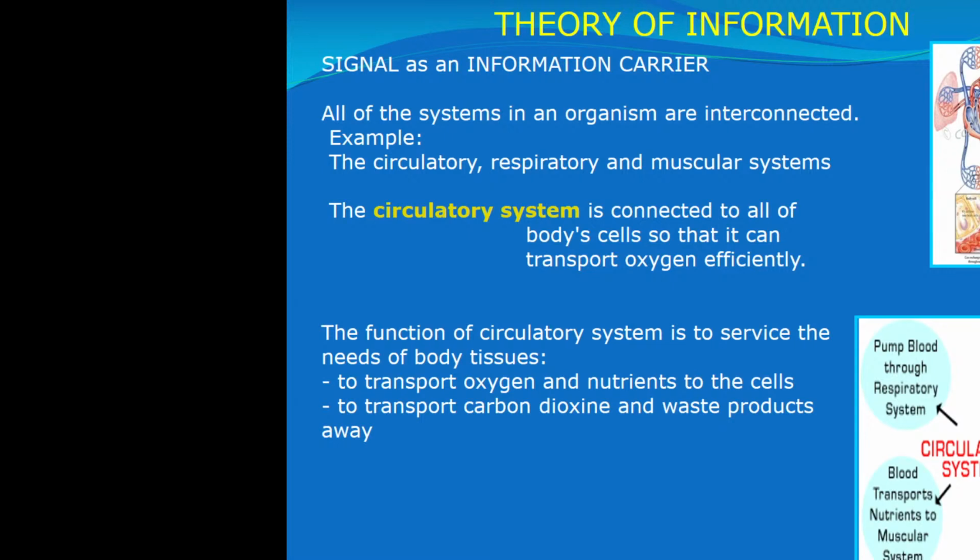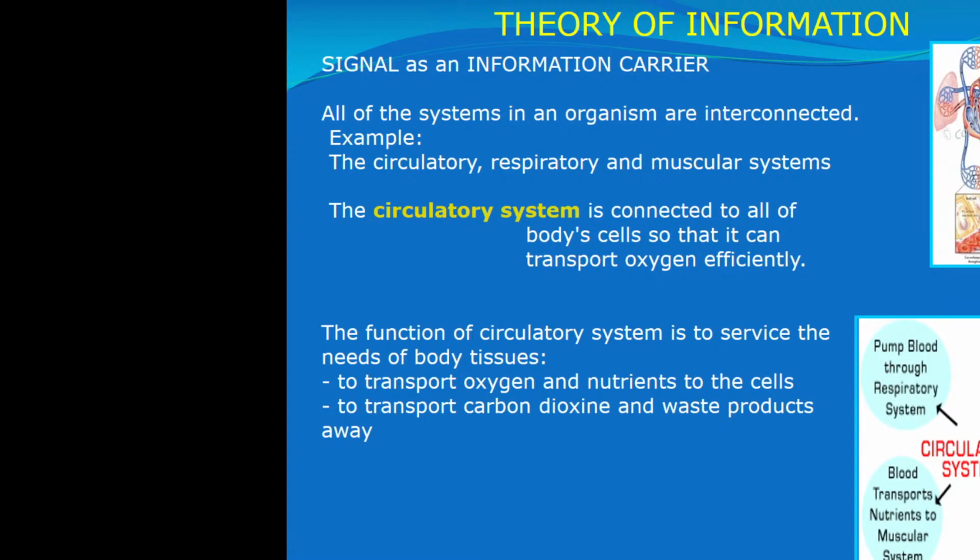There are 10 different organ systems in the human body: circulatory, respiratory, skeletal, muscular, digestive, excretory, reproductive, nervous, endocrine.